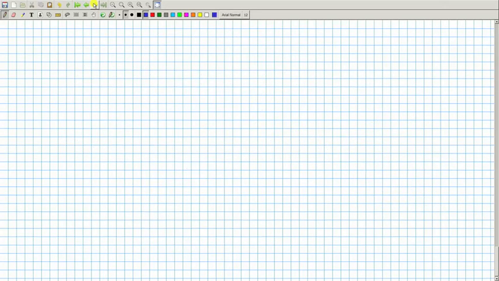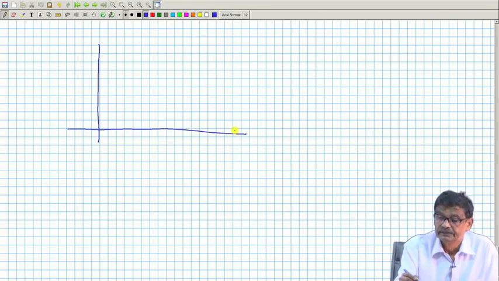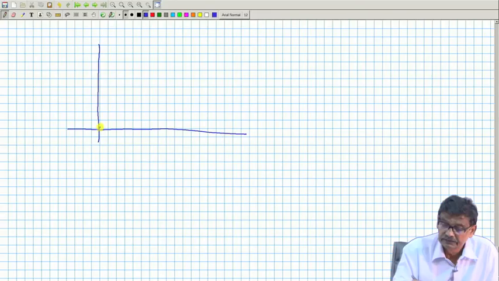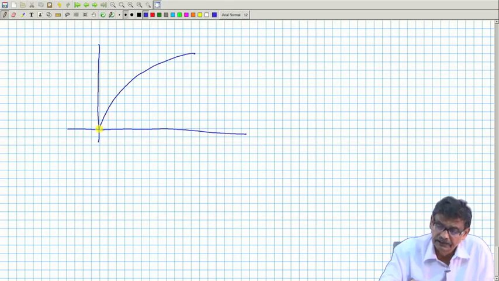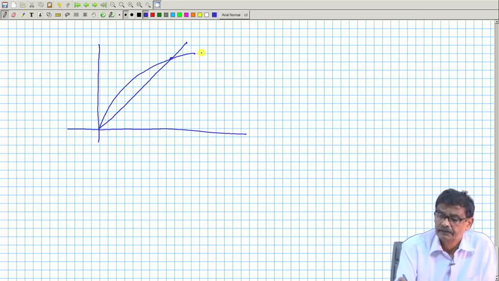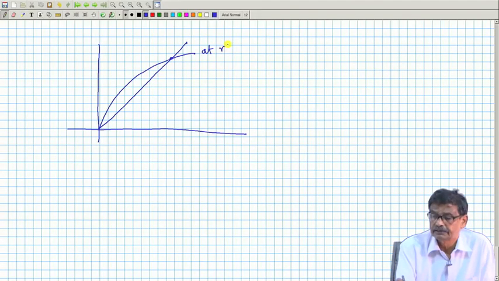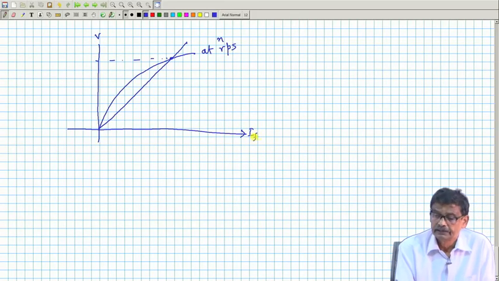It simply means this, because of the shunt generator we have seen. This is the OCC, and suppose the field circuit resistance is below critical and the speed is n RPS, and in open circuit it generates this much voltage at this field current. That is quite good.